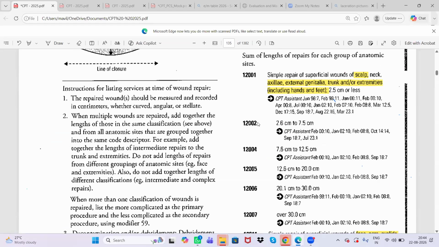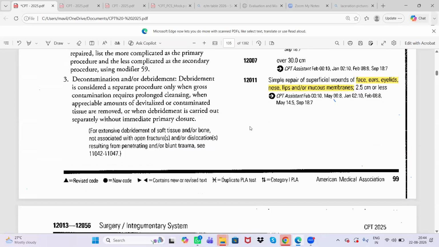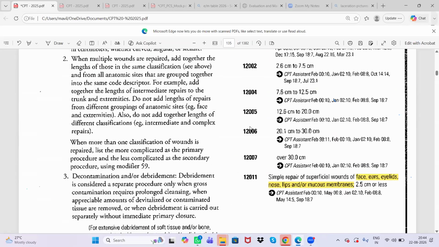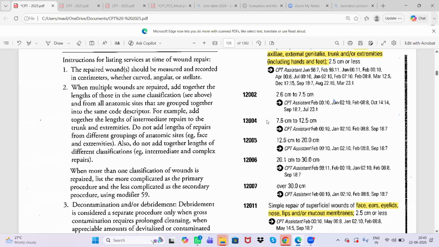The 51 modifier goes with 12002 because it is the least code. Which is higher, 12002 or 12014? 12014 is higher, and the least code is 12002.